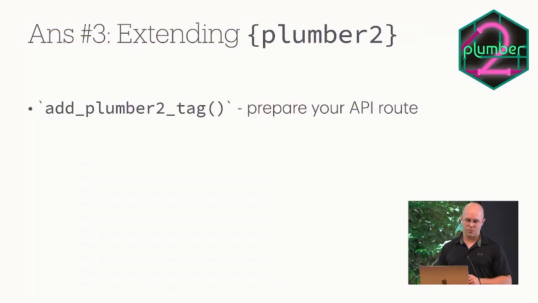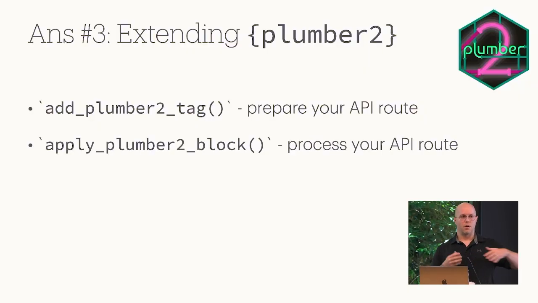Instead, with plumber2, we have add plumber2 tag to help you prepare your API route. So for example, when we have the param, at param, what we will do is capture the name and the description, and maybe the OpenAPI description as well. And that's all that function will do, it'll just capture that part. This is useful because after all of the tags have been captured, we will apply some functionality to that block.